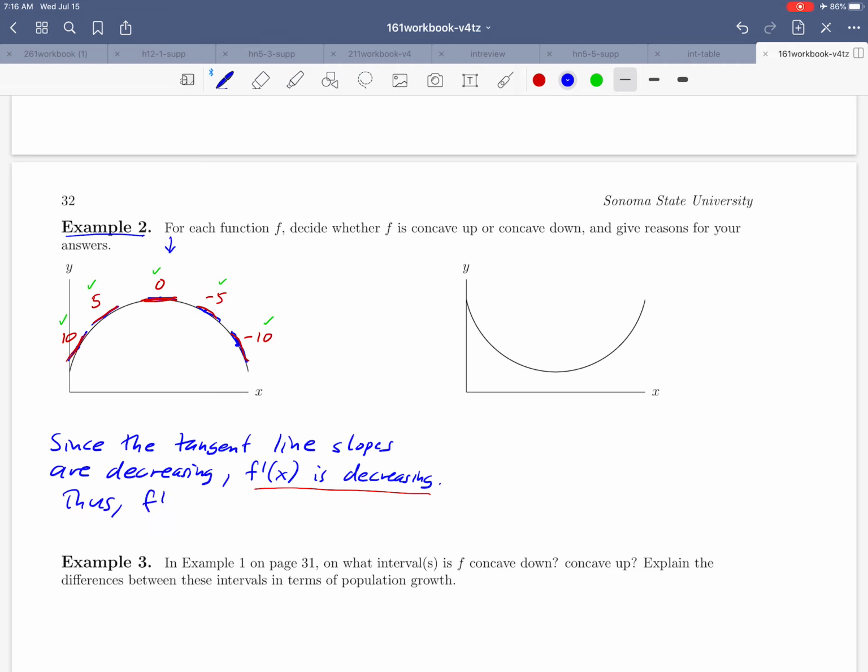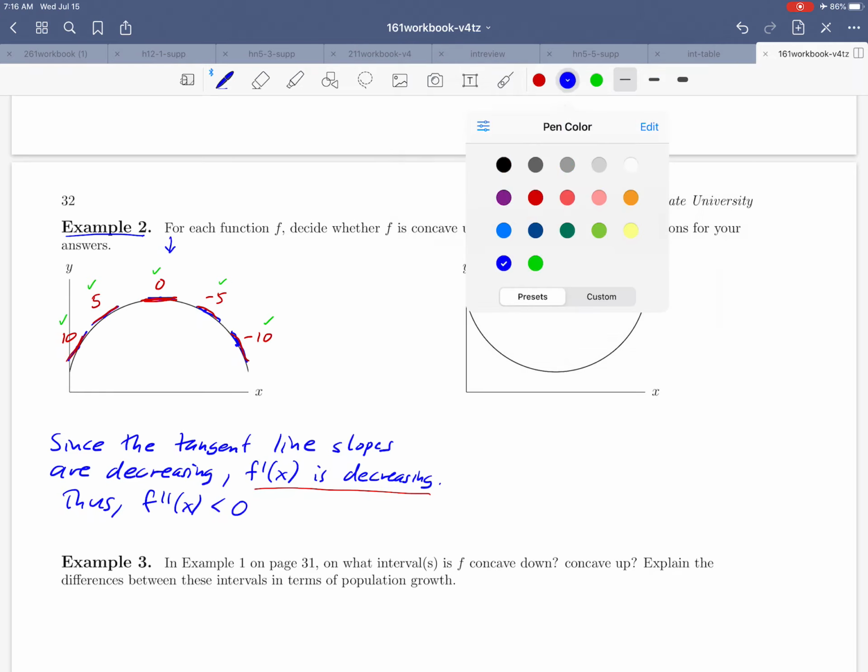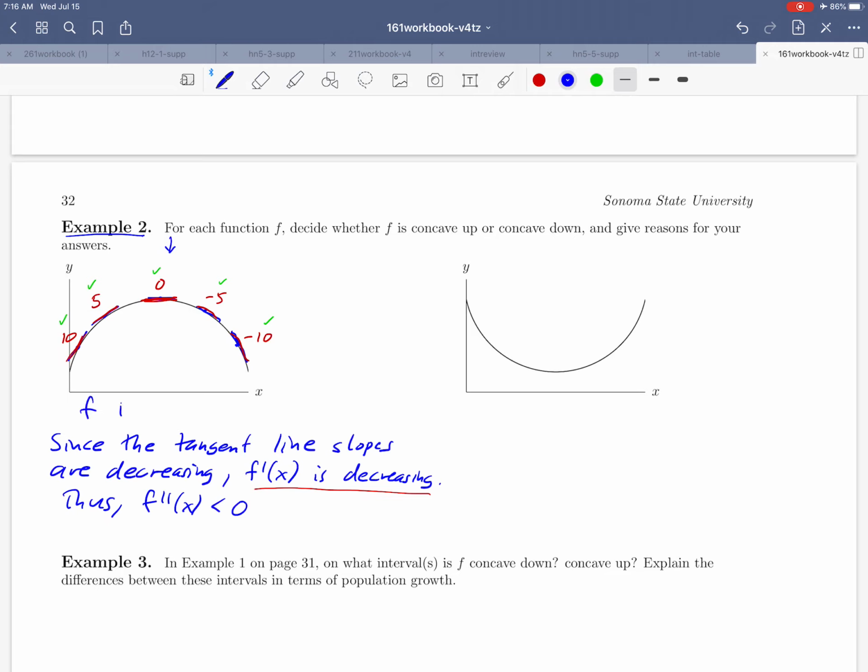So what we could say is that f double prime of x is negative. Well, if the second derivative is negative, that by definition is what we mean when we say that f is concave down. Because of that negative second derivative, we are looking at a concave down function on the left here.